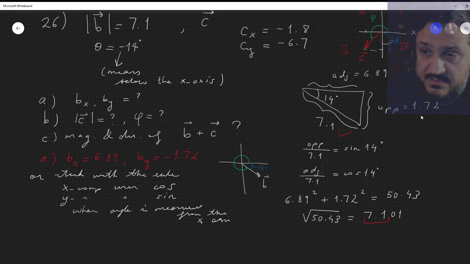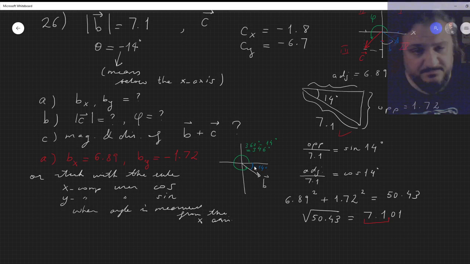Or use the other one. I'm going to show you that both actually work, right? So this angle here is nothing but 360 degrees minus 14, which is 346 degrees, right?